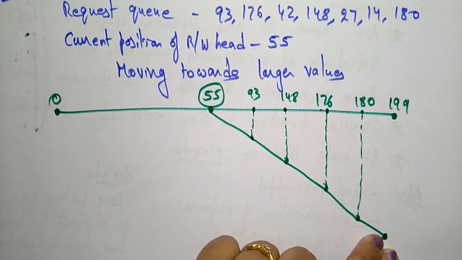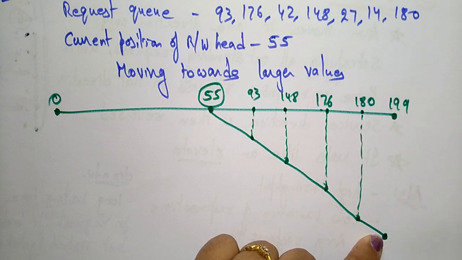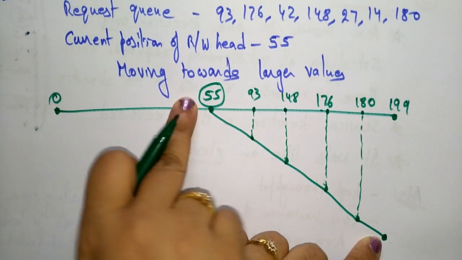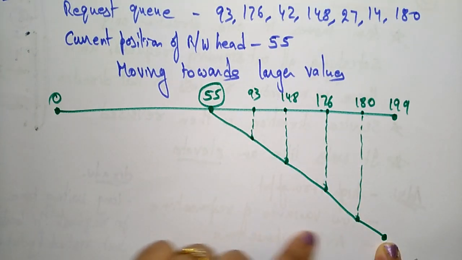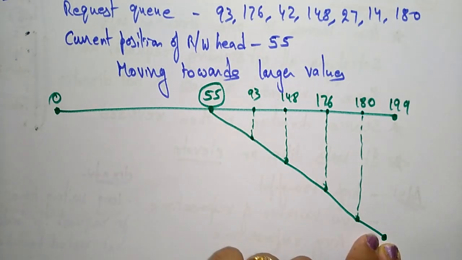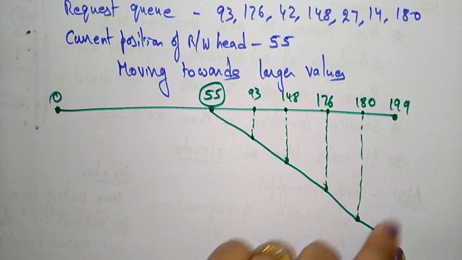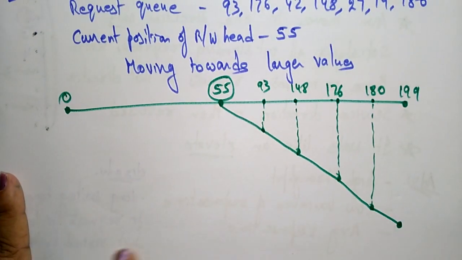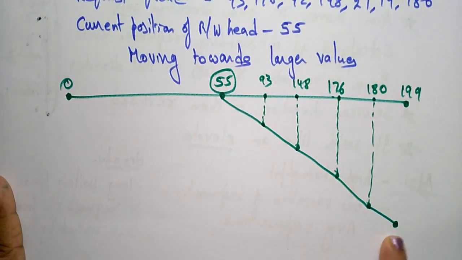So 180 to 199: SCAN moves up to the last point. This is the only difference you have to remember. SCAN has to move until the last point in the track before moving backwards, because once it goes back, coming this way and again this way takes a lot of time. So it is better to move to the end position.